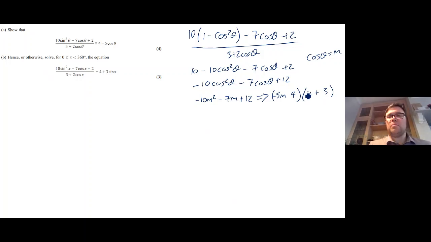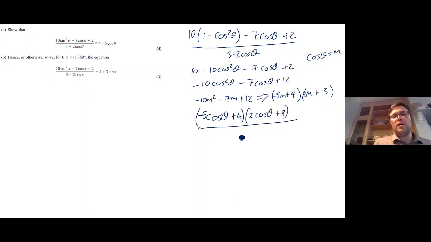I've got the 2 there, plus 8m. And that will give me the middle bit of minus 7m. So if I then rewrite it, I have got (4 minus 5 cos theta)(2 cos theta plus 3) over 3 plus 2 cos theta.